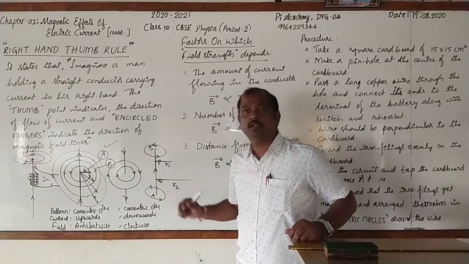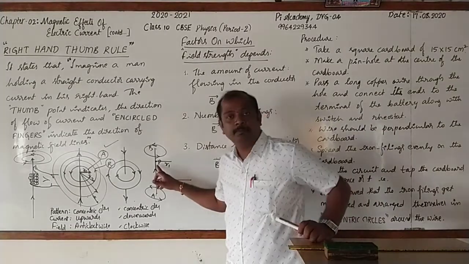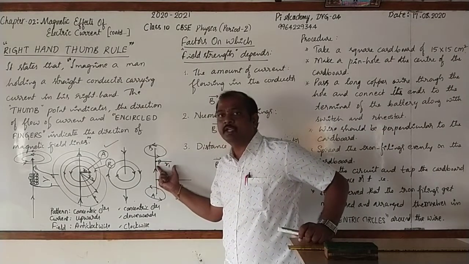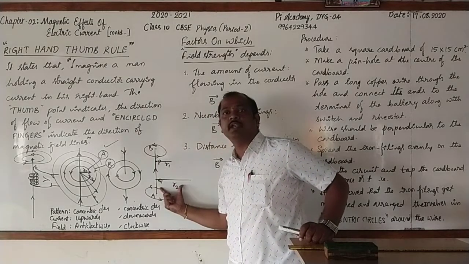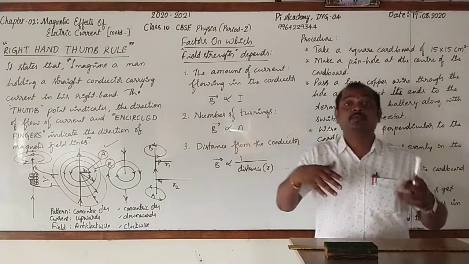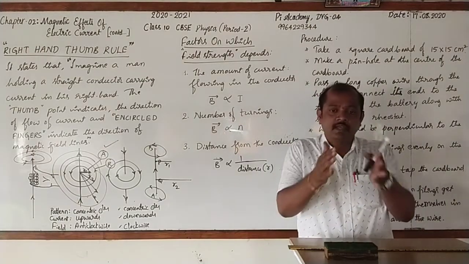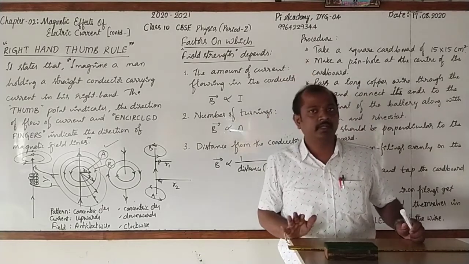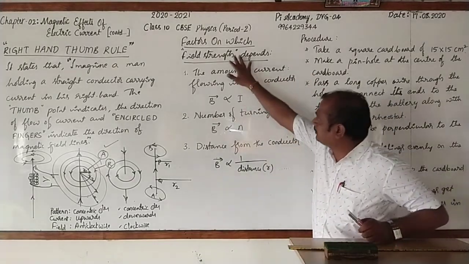Either P or Q. It is at P. Why? The reason is radii at P is smaller than that of radii at Q. As the distance decreases, field strength increases. As the distance increases, field strength decreases. Clear? Yes. Please go for copy these points.